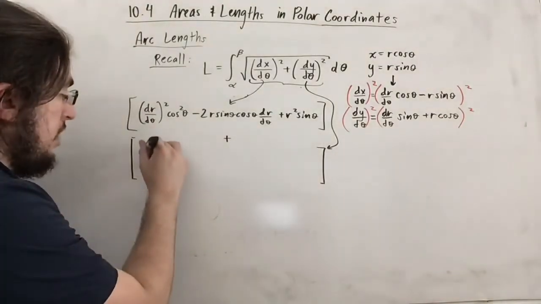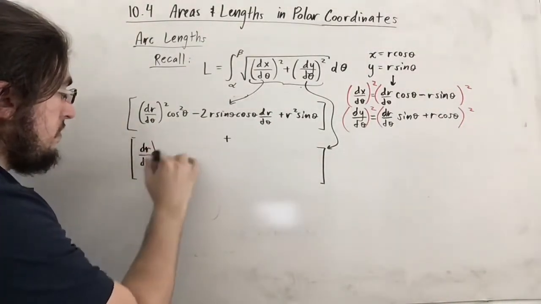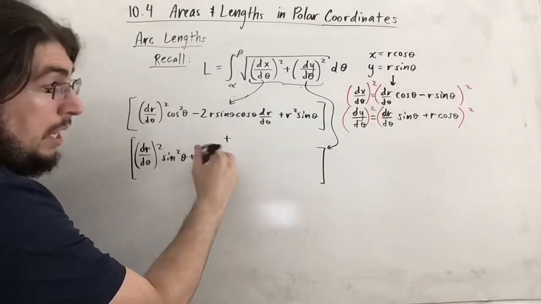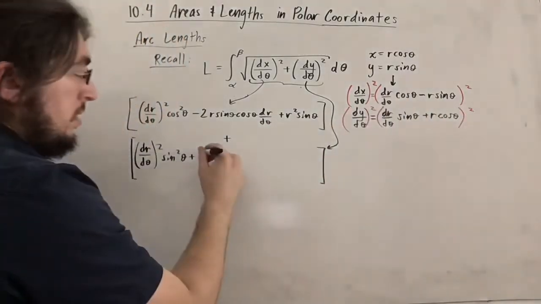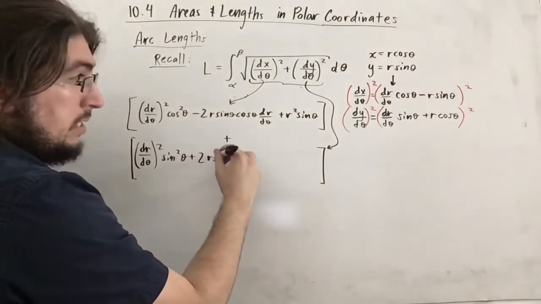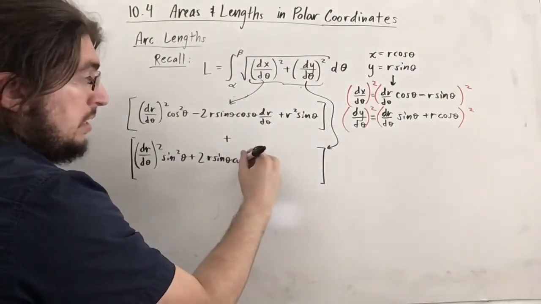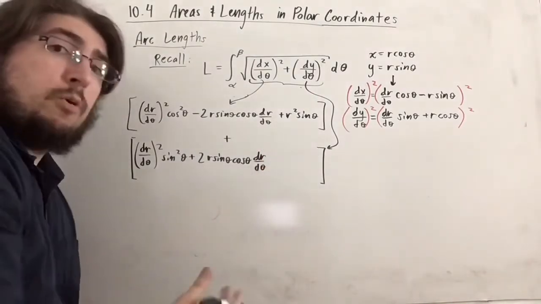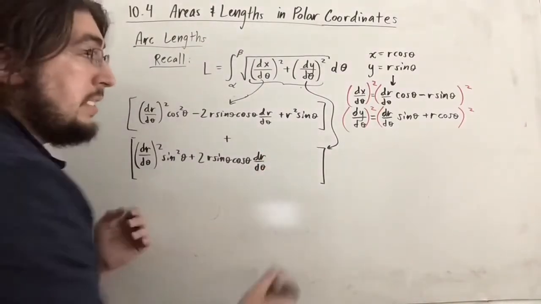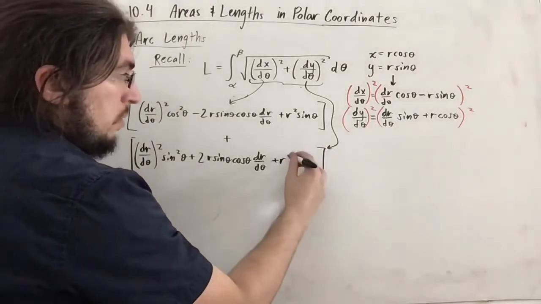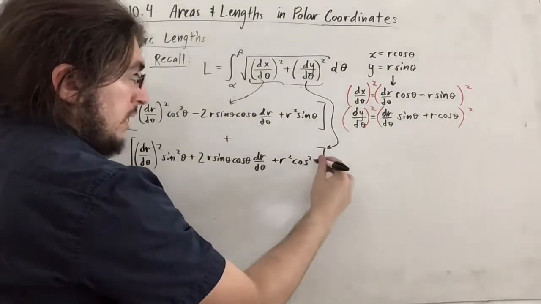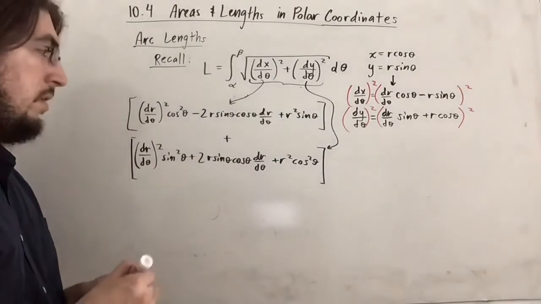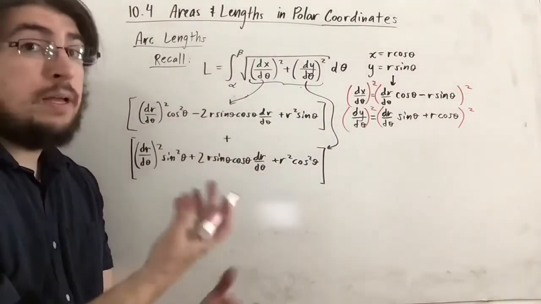So it's going to be dr d theta all squared times sine squared plus 2 times r times sine of theta times cosine of theta times dr d theta. And maybe you can already start to see why this is so nice. Then plus the last one squared, r squared cosine squared. Why this is so nice, of course, is because these two middle terms are the same, but they have opposite signs.